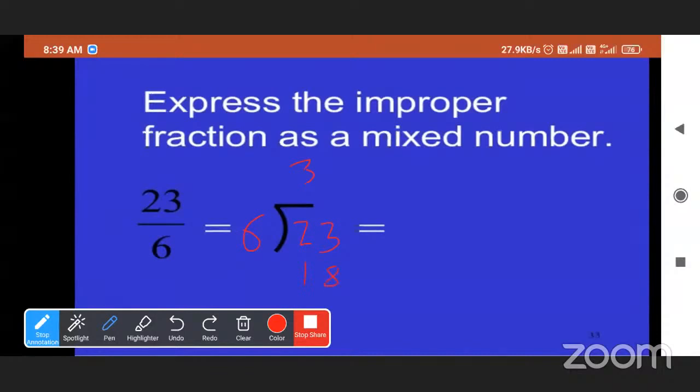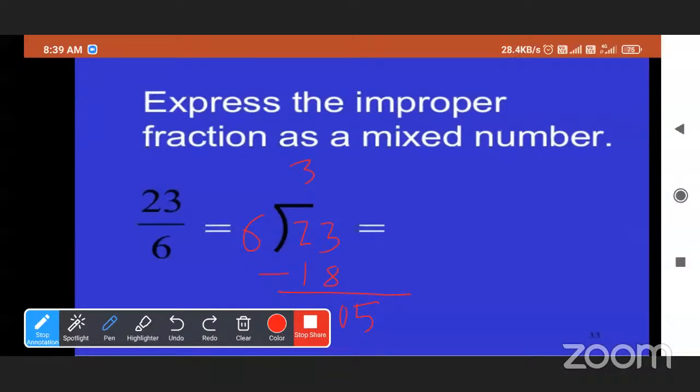Good. So 23 minus 18 is 5. Now tell me the mixed number. 6 and 5 upon 3?